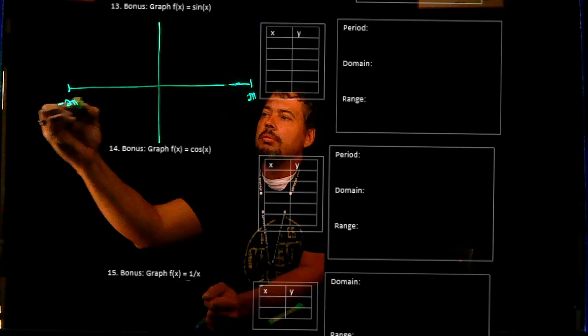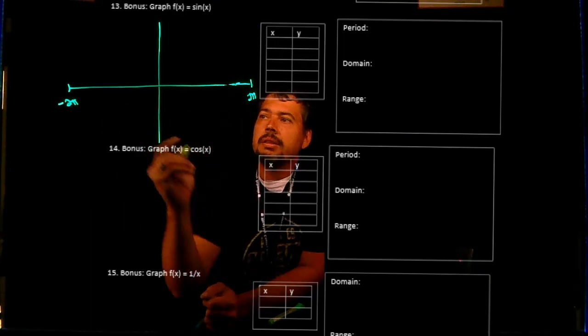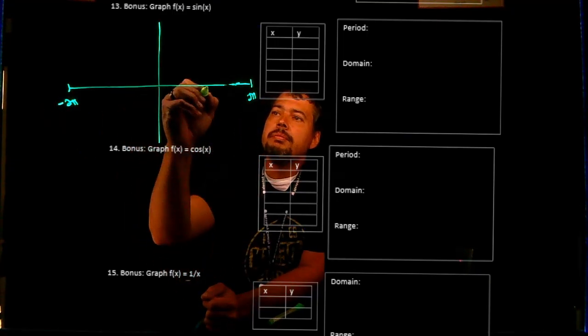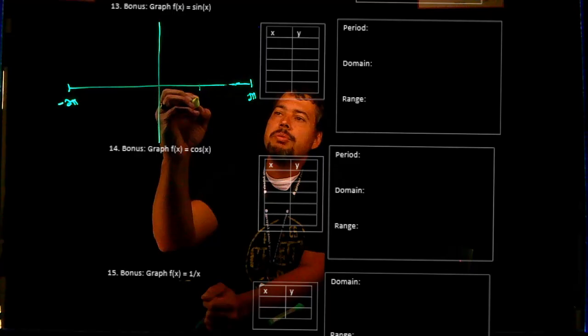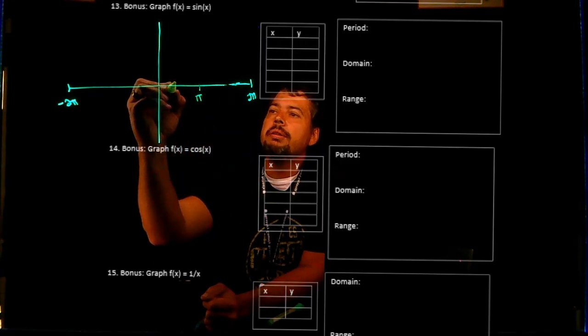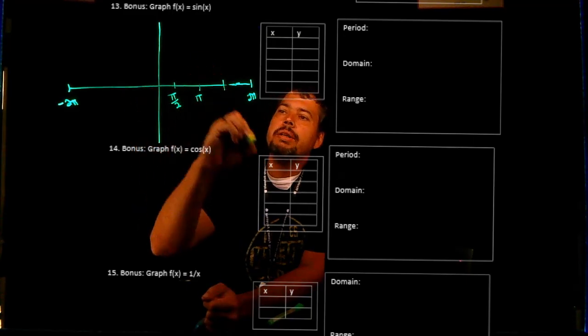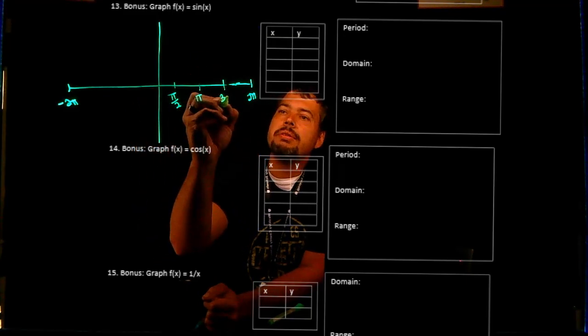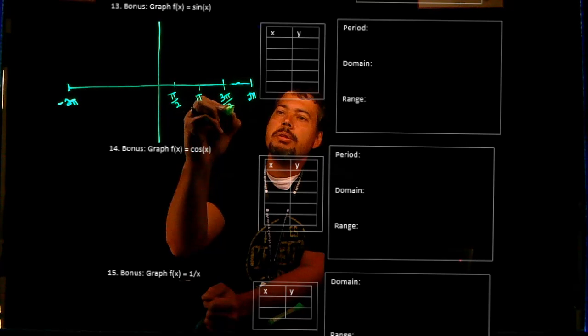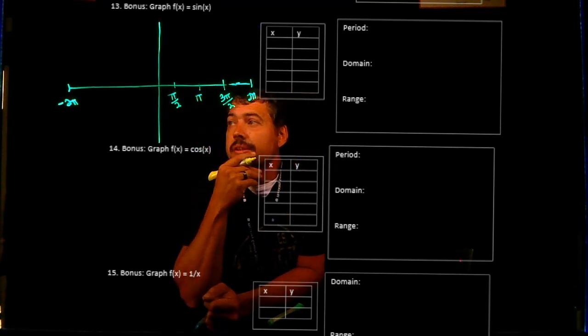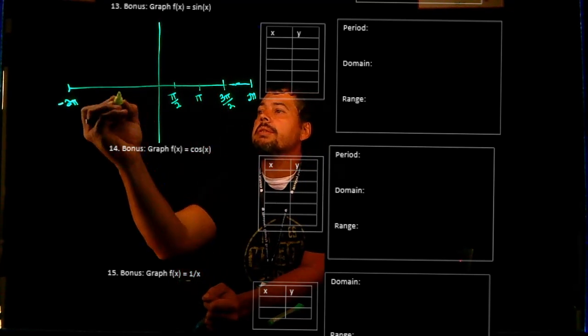We use what's called pi rads. So the origin would be 0 pi. I went out to 2 pi because we're going to do 2 cycles, 1 cycle left and 1 cycle right. Halfway between 0 and 2 is 1. Halfway between 0 and 1 is a half. And halfway between 1 and 2 is 3 halves. So I'm using what's called pi rads on the x-axis.